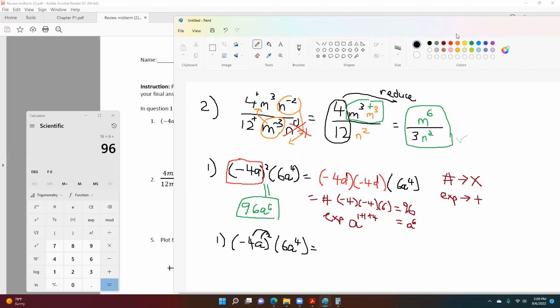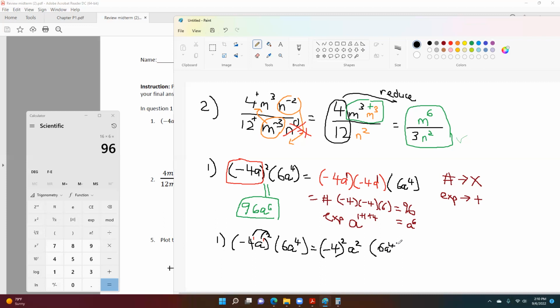Don't forget that they're all having power 1 here. So when you distribute, you will get (-4) to the power of 2. This requires parentheses because they're all inside the parenthesis. So when you distribute, the negative is a part of your squaring. That's why you have to parenthesize it. And then you got a squared. And then you still have the 6a^4 that we will talk about later on.